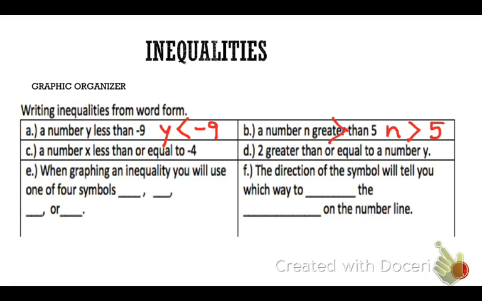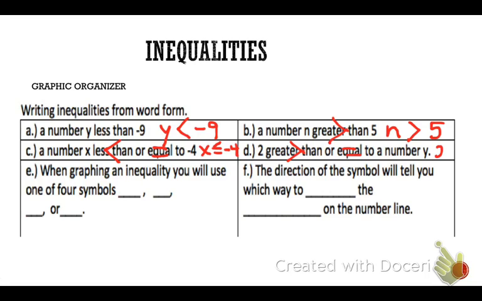And these are all things that once we get these, we're going to graph them on those number lines. Letter C. A number x less than or equal to -4. So we write that x and then the less than symbol, but then also have the equal sign. -4. And then D, 2 is greater than or equal to a number y.